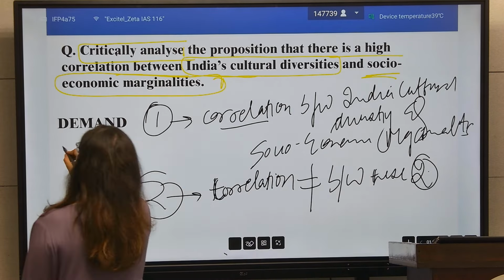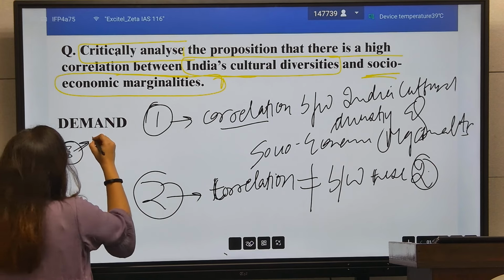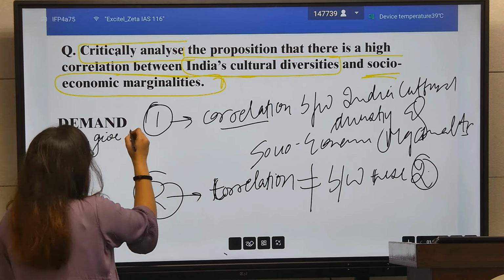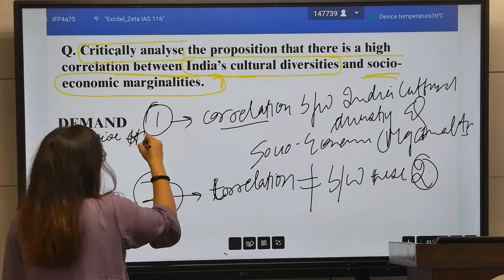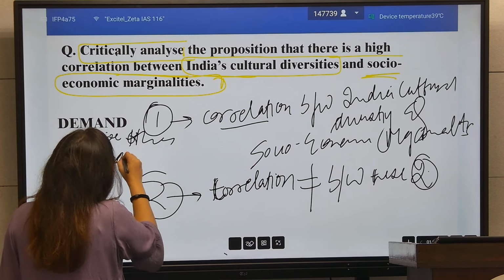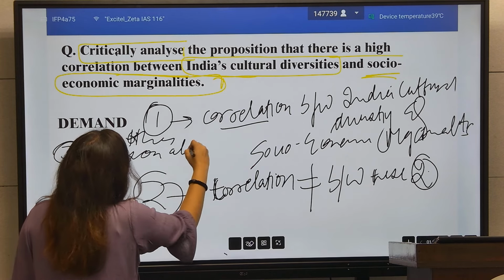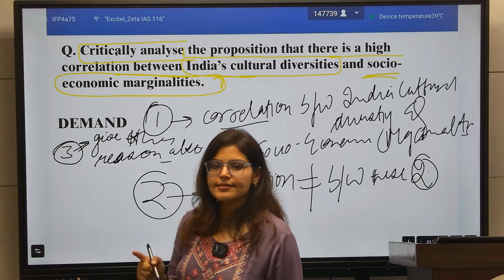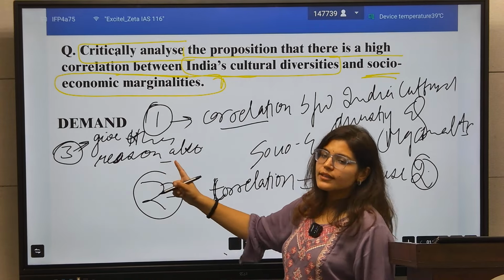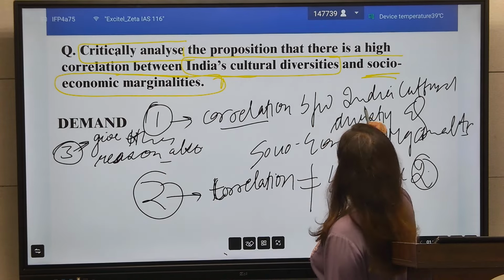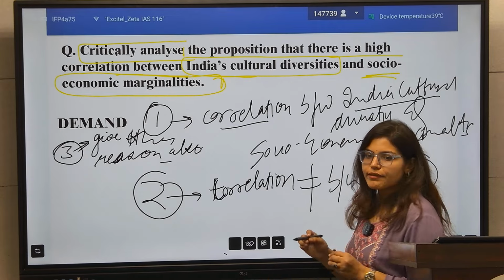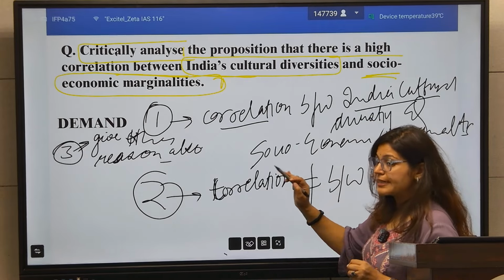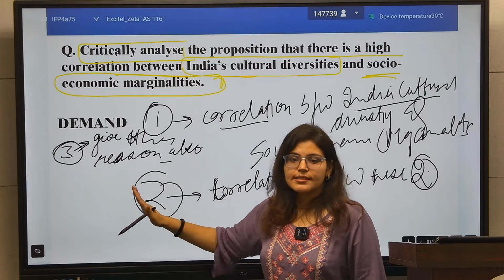Also, third, you have to give other reasons also, that explain why these socio-economic marginalities exist in our society. Somehow Indian cultural diversity reflects socio-economic marginalities, but there are other reasons as well.